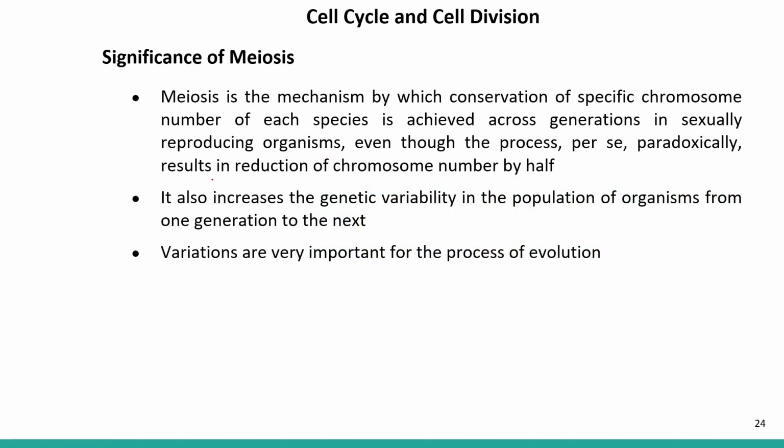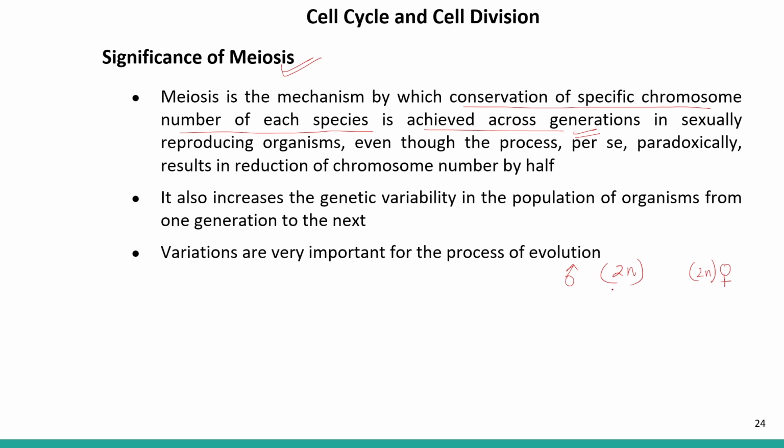Okay, so significance of meiosis. What is the significance of meiosis? Meiosis is the mechanism by which the conservation of the specific chromosome number of each species is achieved across the generations. So, how can we say that? So, male individual is diploid, female individual is diploid, right?